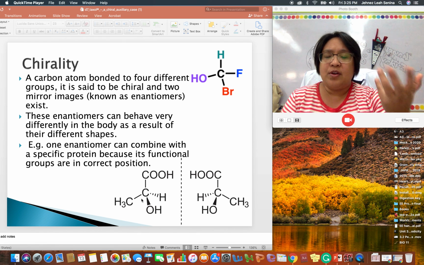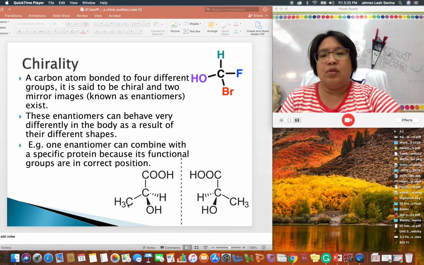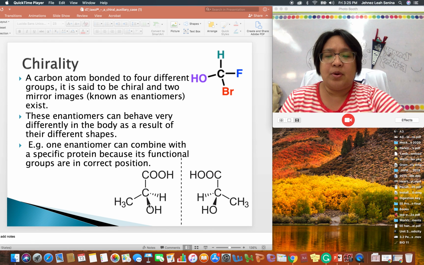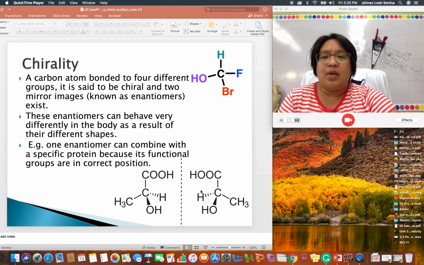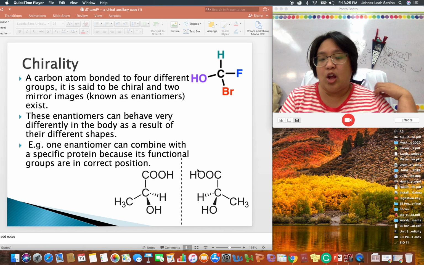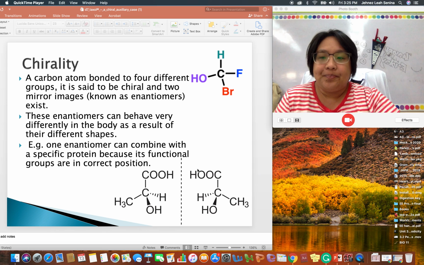Their shape, their configuration is going to be different. So this enantiomer will have a different property than this molecule right here. Although they are mirror images, they show different properties because the positions of the groups are not exactly the same.